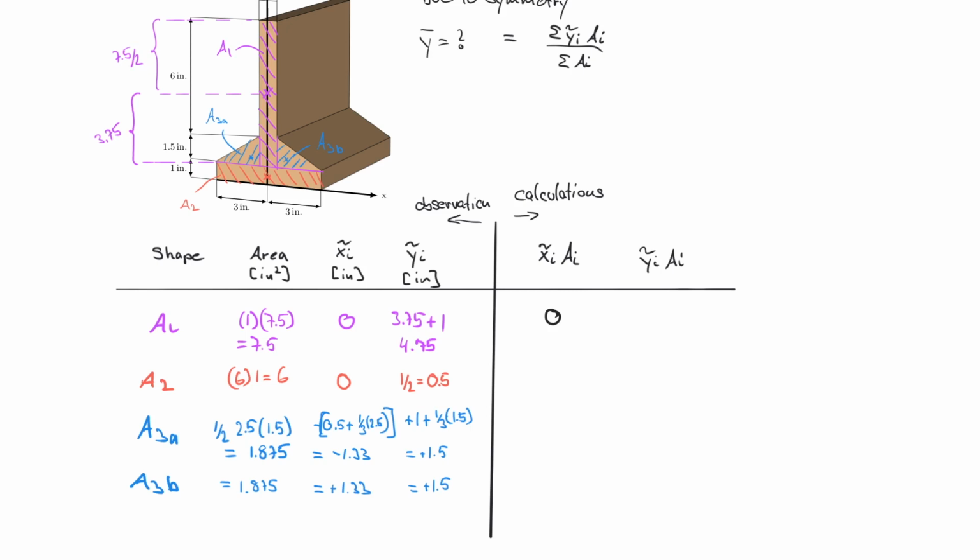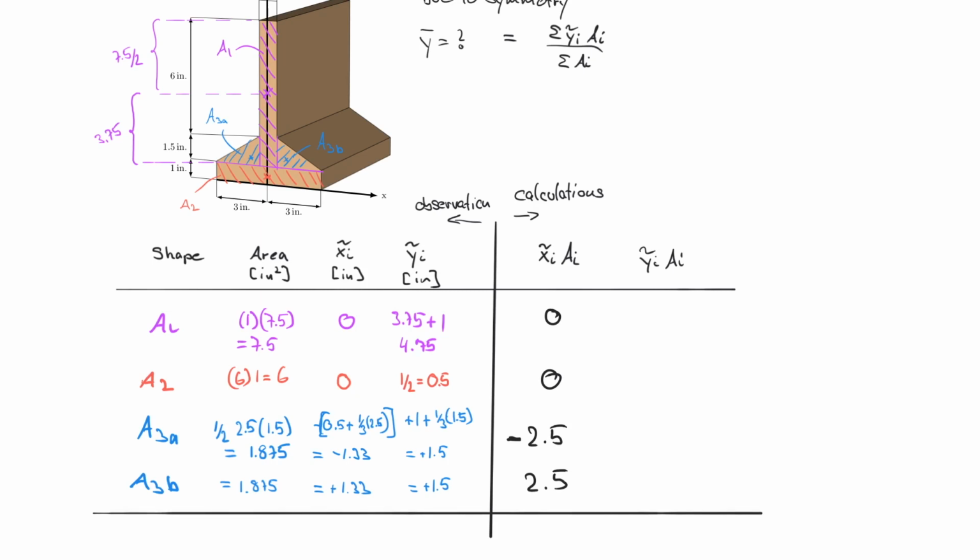So here I have 0, 0, and my 2.5 here, and 2.5 here. However, be careful, one of them of course is negative, right? So my first one was negative. And so if I have a summation line underneath this, because I'm done with all my shapes here, then I can say that the summation of this column, so I'm going to make a summation column, is 0 here.